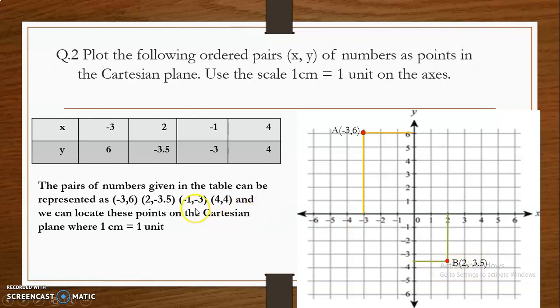Now see, both the numbers are negative, minus 1 and minus 3. So minus 1 distance away from the y-axis. From the origin, minus 1 distance away is in this third quadrant. And also it is said minus 3 distance away from the x-axis.